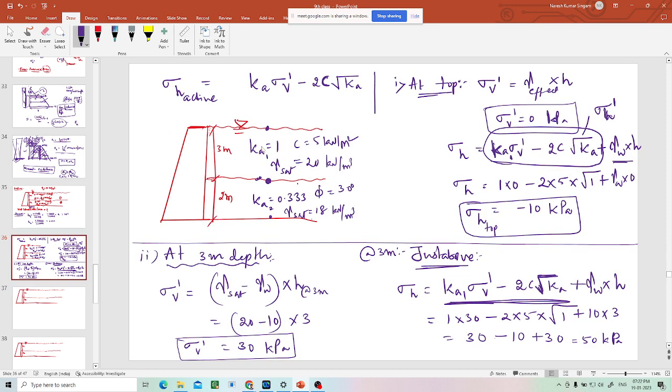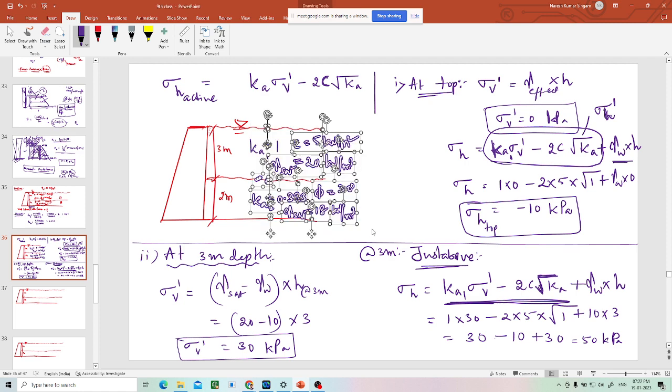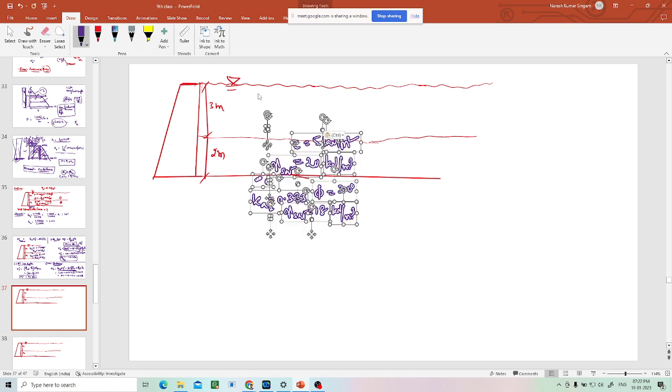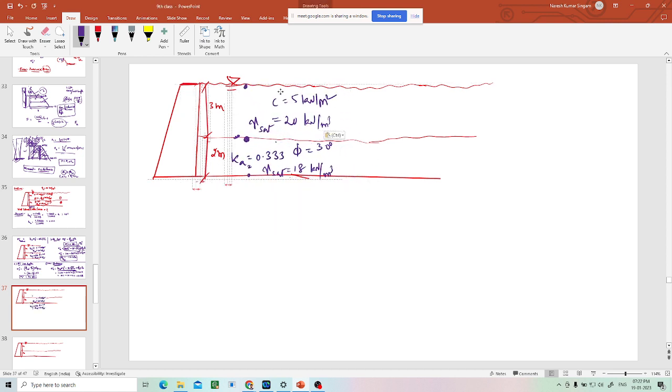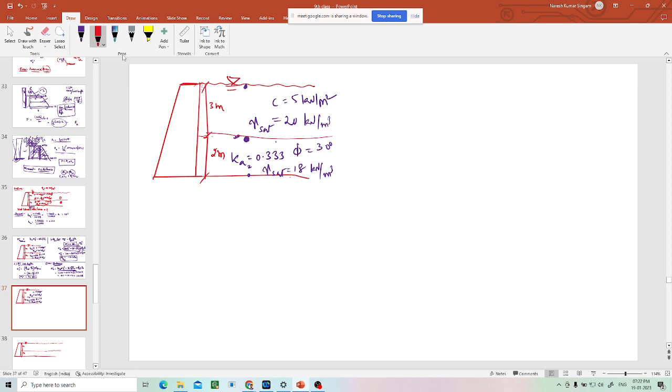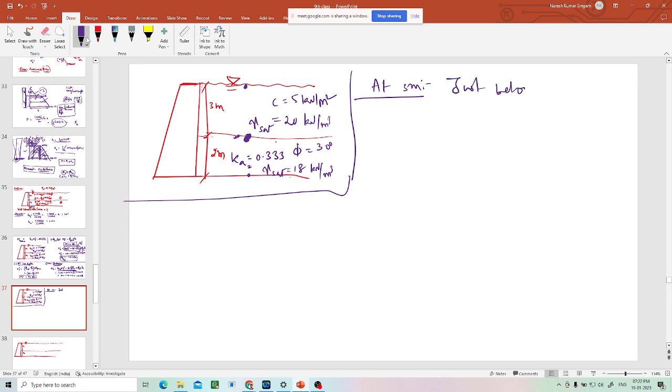Now we have calculated it at 3 meter. Now just below, again sigma h is Ka2, because we are now just below in the second layer, multiplied by sigma v dash, minus 2 root c under Ka2 this time, plus gamma w into h.